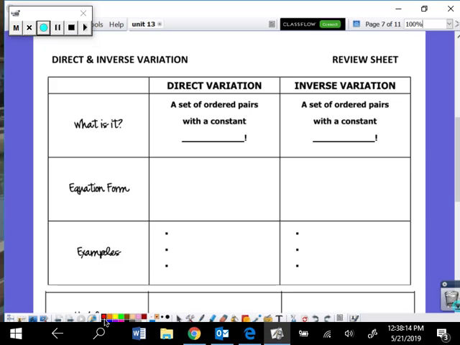All right? So we're going to go through and just compare and contrast direct and inverse variation and look at some examples and the formulas and all of that stuff. So first, we have our definitions. We have direct variation, which is a set of ordered pairs with a constant ratio.